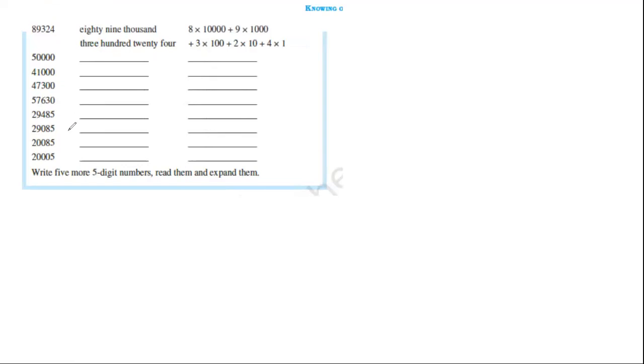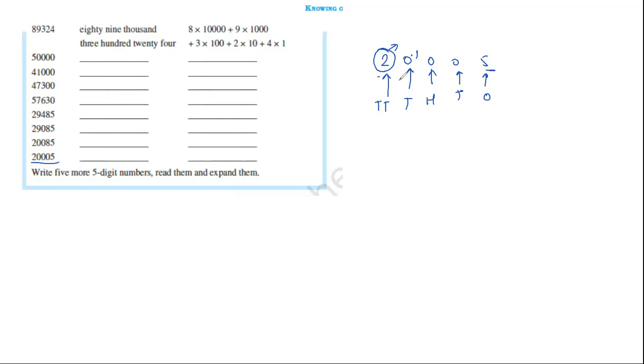So here he has given some examples. I'll pick some of them. Let's say 20,005. So this is ones, tens, hundreds, thousands, ten thousands. Right? So 10,000, that means I'll say this number as 20,005.